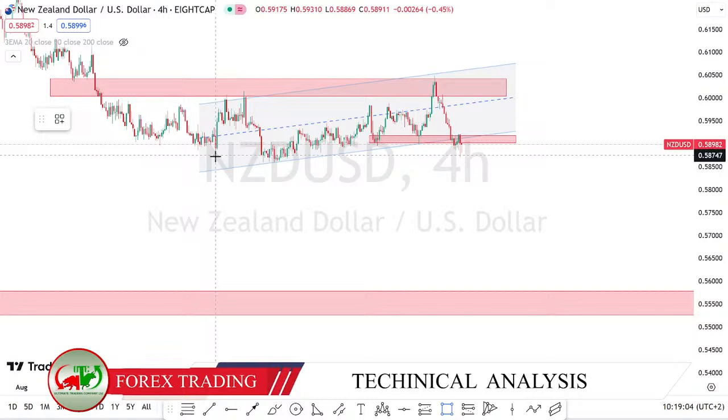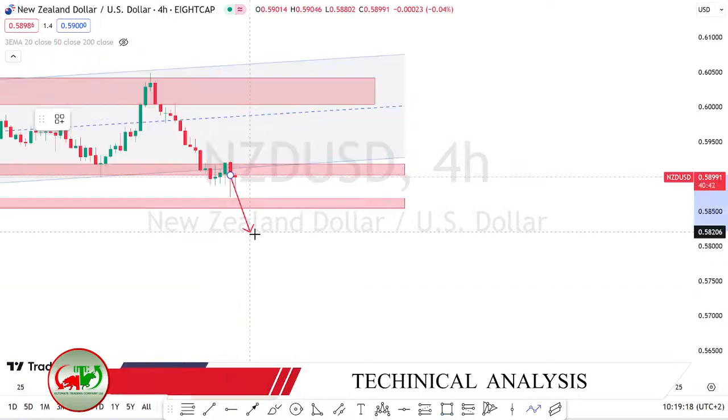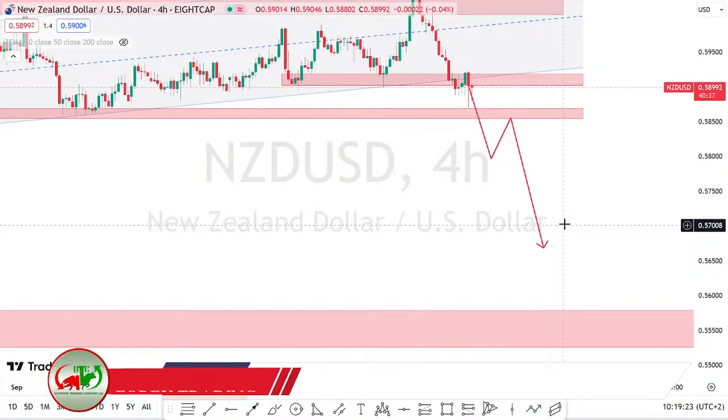So for an aggressive trader, there is a probability that this market can continue to push down. Then you could look for a selling opportunity over there on the breakout of this support or a break and retest of this support. Could be a very nice trade.